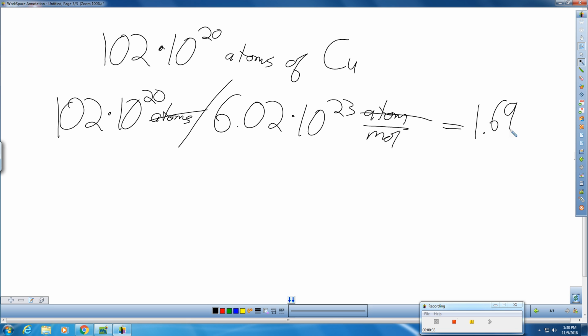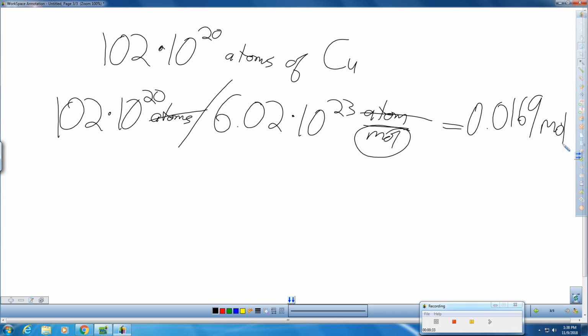And then I hit enter, and Google tells me that it is 0.0169. And what are my units here? Moles. Good.